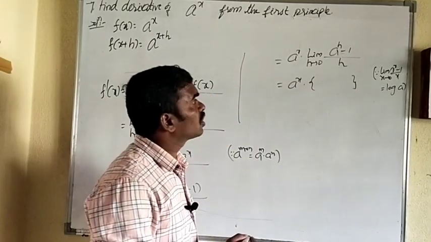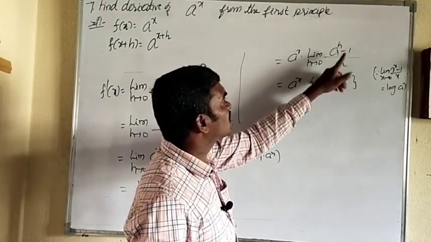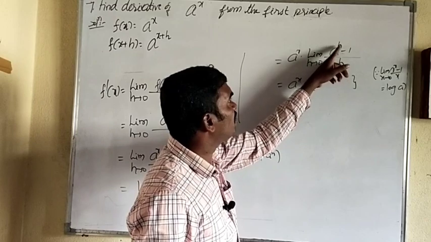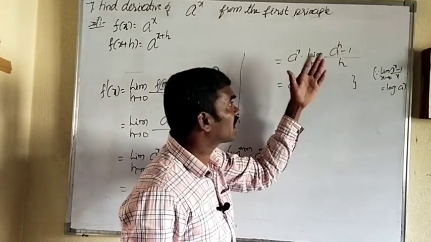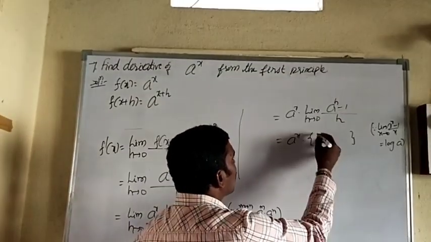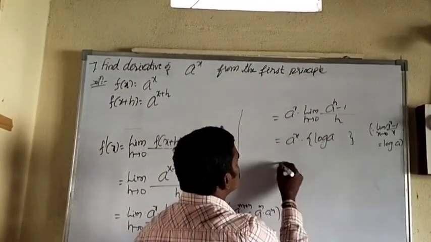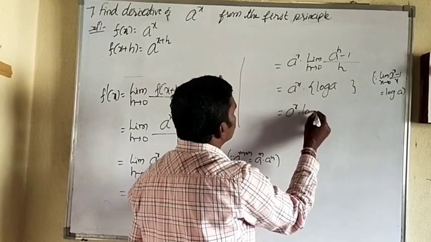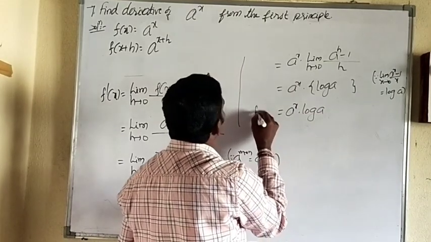So according to that, here instead of x there is h, the same term is there, so we can apply this formula. So a power h minus 1 by h is equal to log a. So what is the answer? We finally got a power x into log a. This is f dash of x.